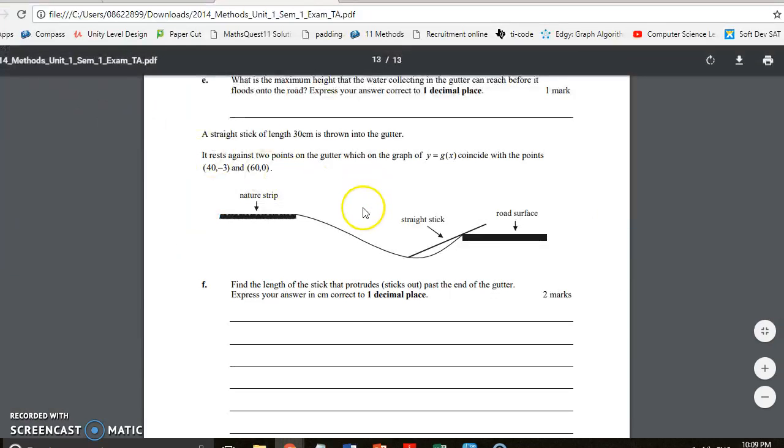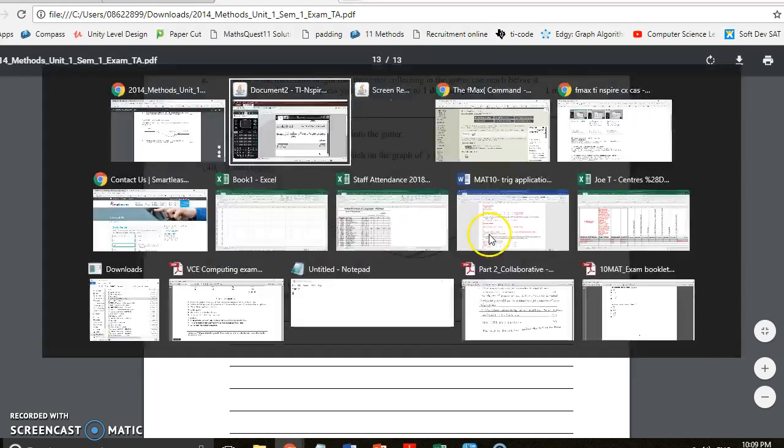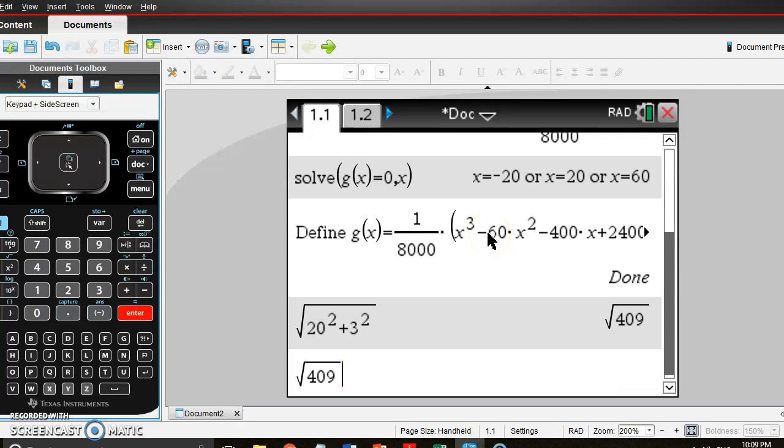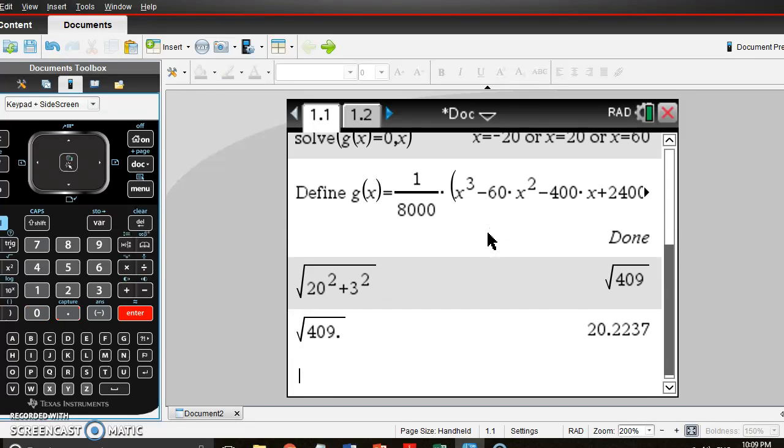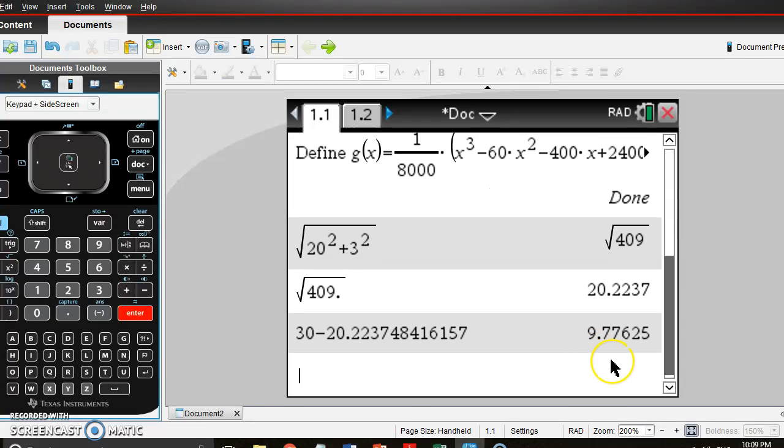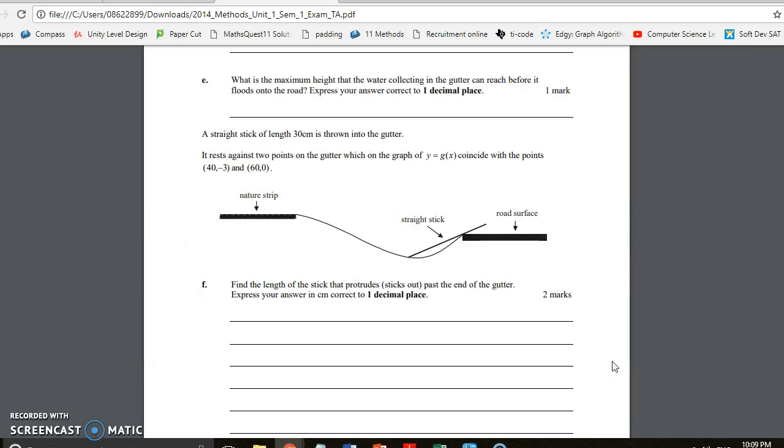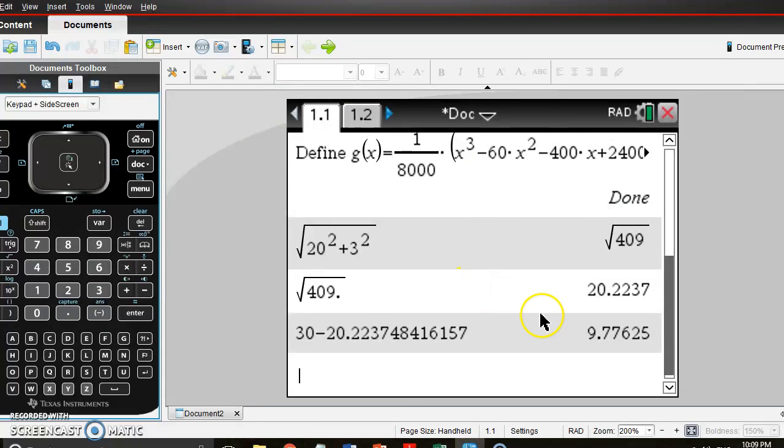That's the distance there, and the stick is 30 centimeters. So we have 30 minus that, and we end up with 9.78 centimeters. Whichever is less, so 9.8 centimeters.